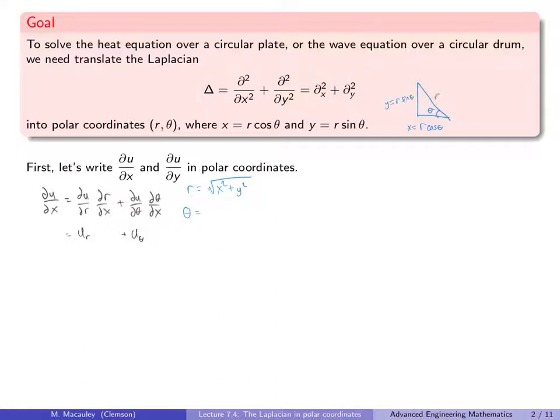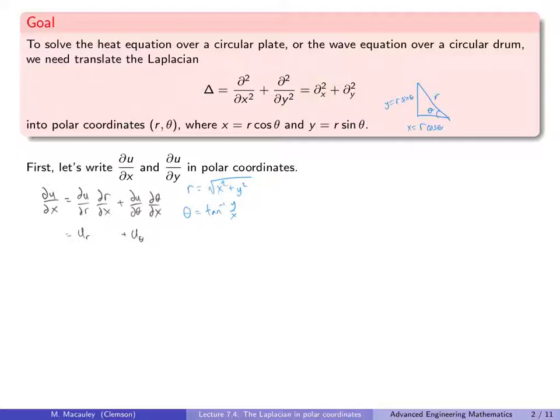Then r squared is x squared plus y squared. So that's what r is, and theta is the inverse tangent of y over x. There's other ways you could do that. I'm sure you could write this as inverse cosine and inverse sine. Let's just do it like this.